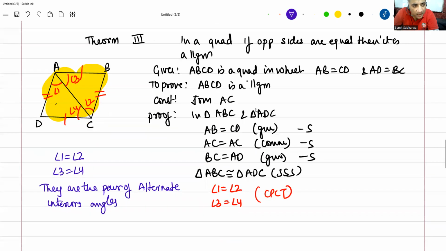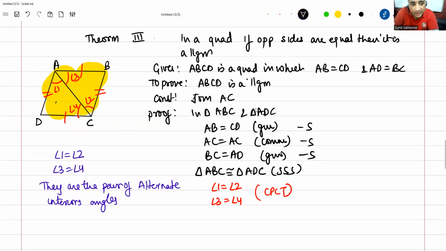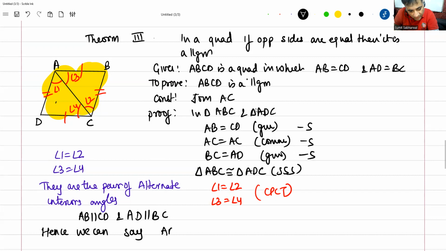Therefore, I would say that AB is parallel to CD and AD is parallel to BC. Now, since opposite sides are parallel, we can say that ABCD is a parallelogram. I hope this is clear.